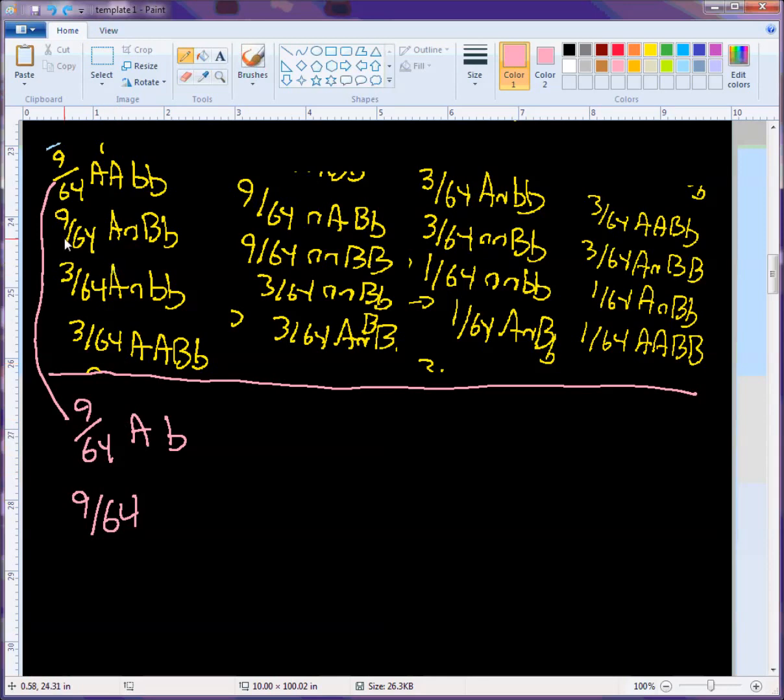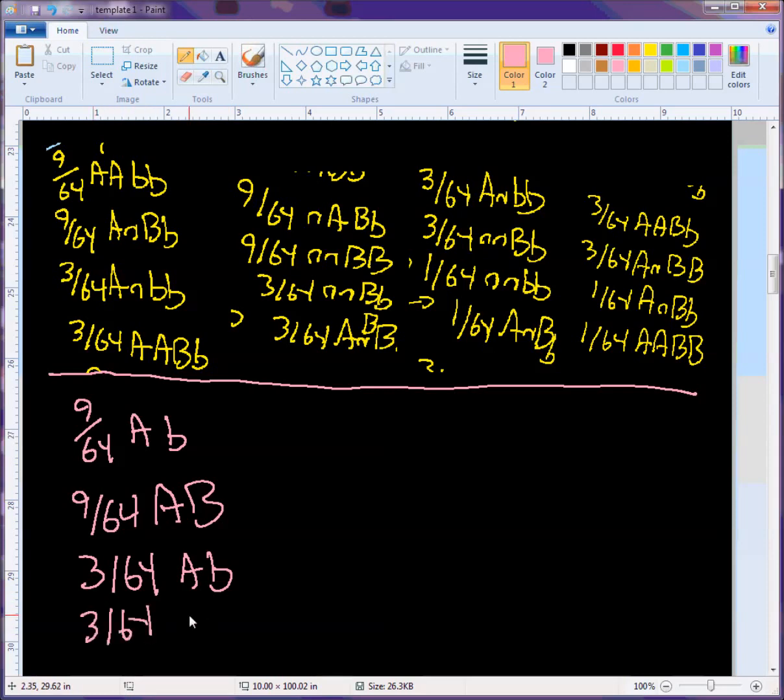So 9 out of 64, these guys right here, are going to be big A, big B. 3 out of 64 are going to be big A, little b. 3 out of 64 are going to be big A, big B. Again, so I just transferred these numbers, these genotypes down here, and I only listed the corresponding phenotype for each.